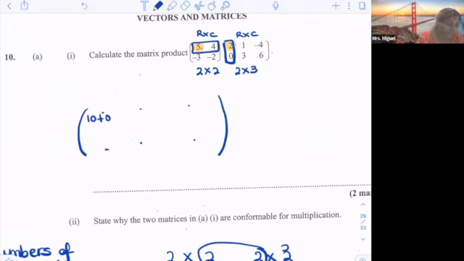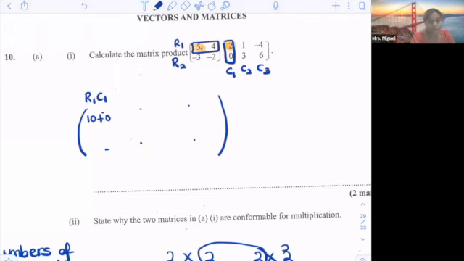So that is first row, first column. So 5 by 2 and then 4 by 0. So this is row 1 by column 1, column 2, column 3. So this is row 1, column 1.